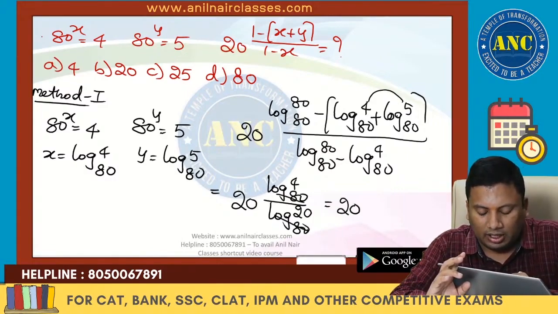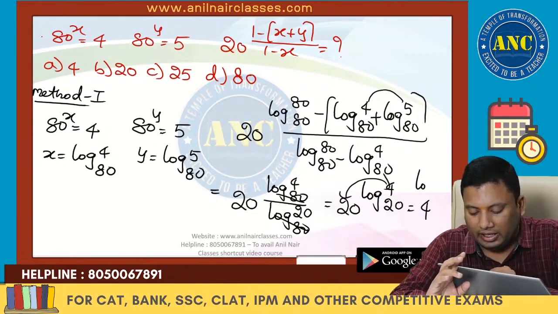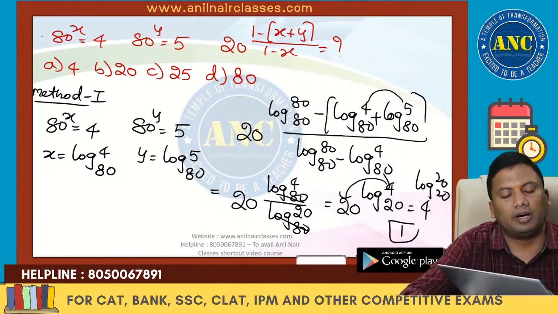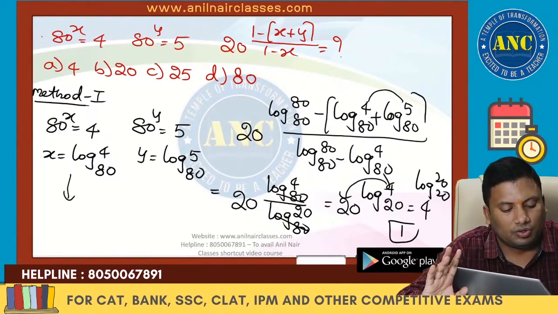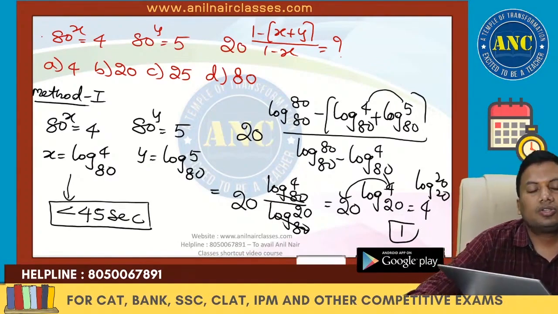This is nothing but 20 power of log 20 base 20, which is nothing but 1. This will take less than 45 seconds if you are good in logarithmic identities to solve a question.